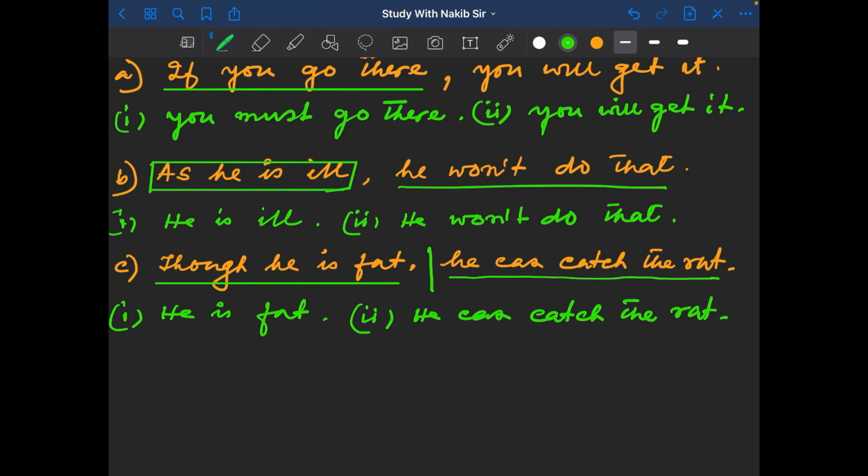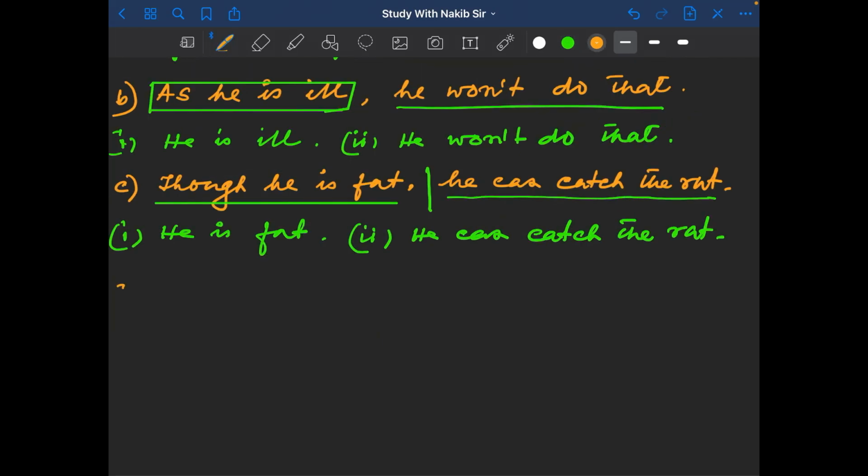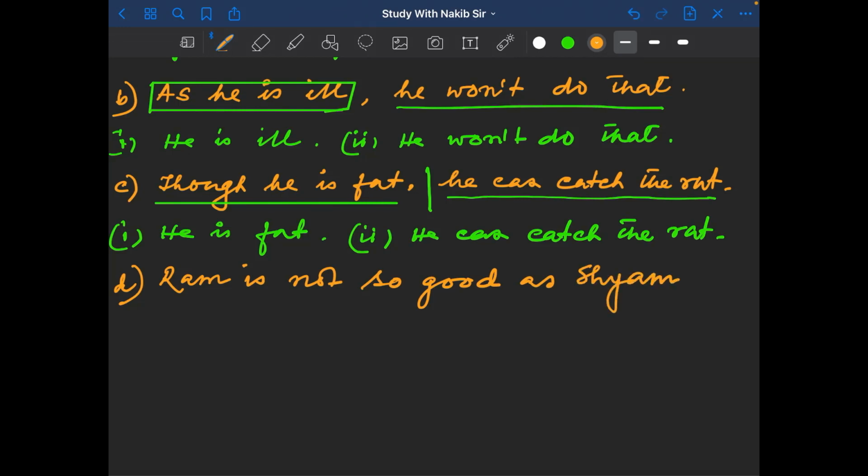Okay, now we'll take another example. D. Ram is not so good as Sam.